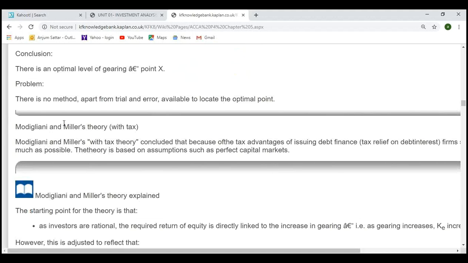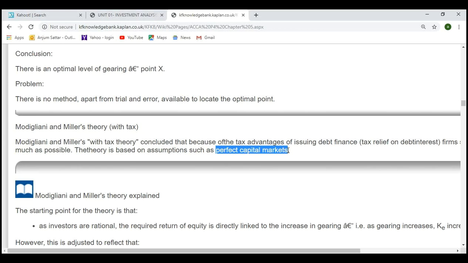Then Modigliani and Miller gave the theory with the tax effect as well. The theory is based on assumptions such as a perfect market. What is meant by a perfect capital market? The assets are homogeneous. In economics, a perfect market means there is no restriction.